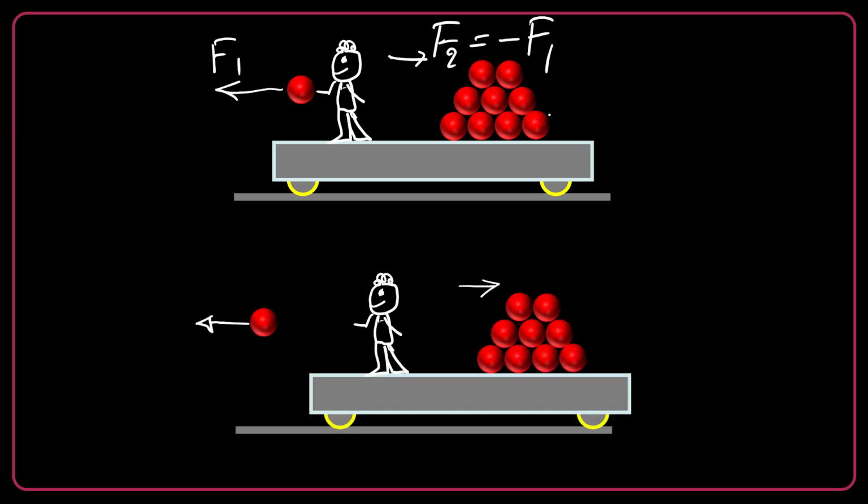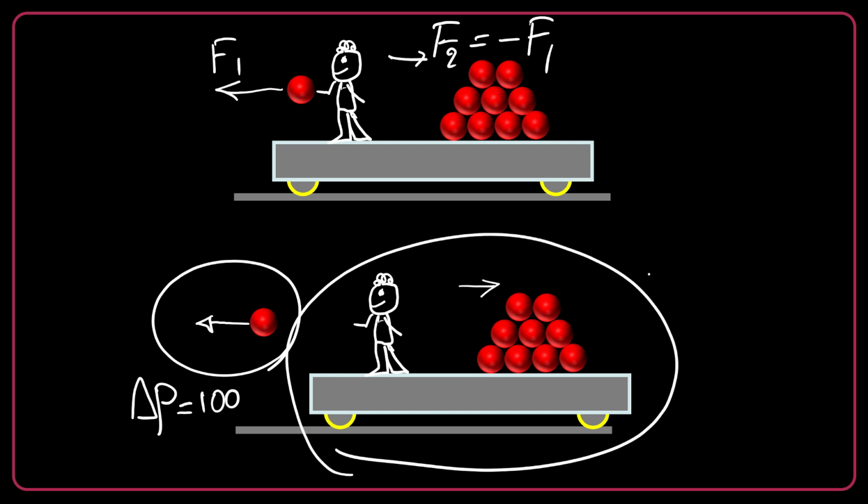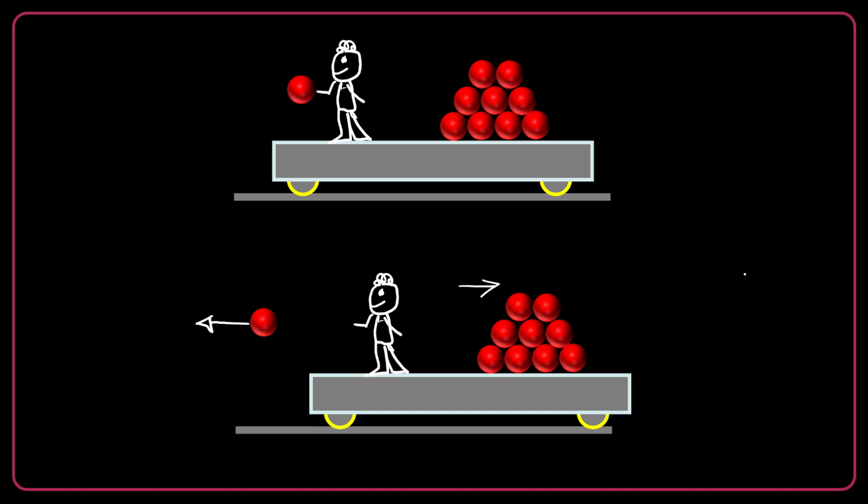This is why when you shoot the ball, the total displacement of the system is 0. Although the ball has gained a delta P, let's say this delta P is 100 in SI, the delta P of the cart also will be negative 100. So the total change in momentum of the system is 0, and we can say that the displacement of the center of mass of this system is 0.